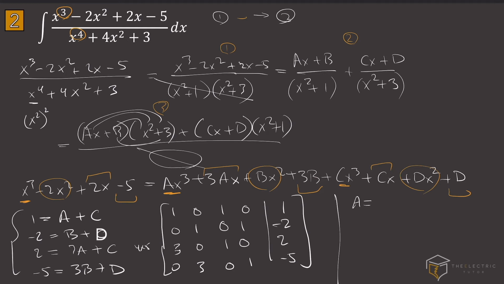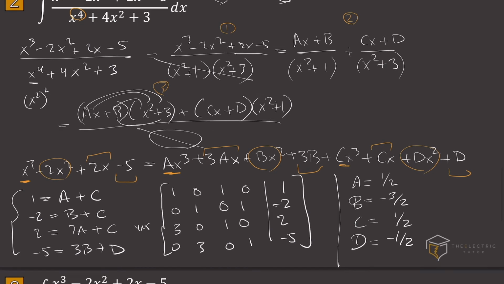I've done this, and it gives me that A is 1/2, B is minus 3/2, C is positive 1/2, and D is minus 1/2. So these are my 4 solutions, and I'm going to go ahead and plug them in my new integral.